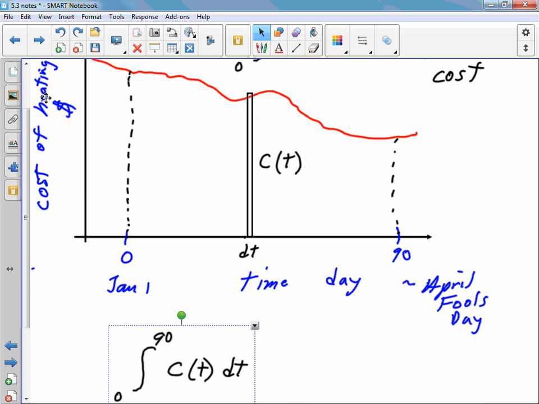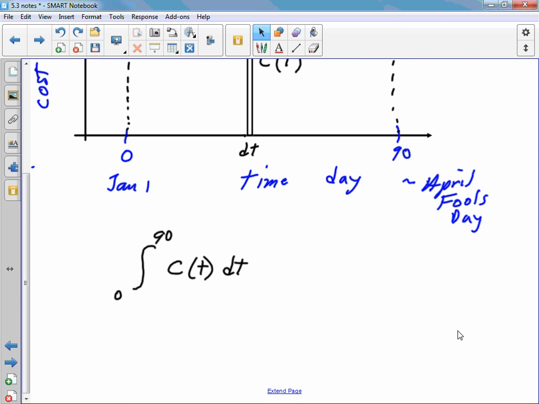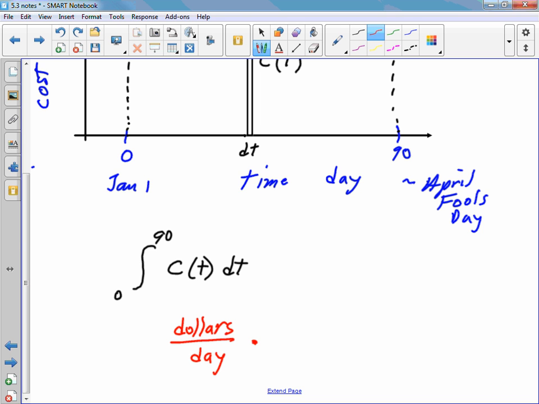So we said the cost was in dollars, the time is in days. So we're doing dollars per day times days, right? Equals dollars, yeah.